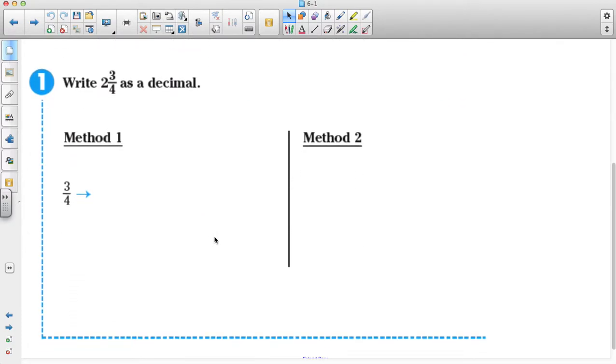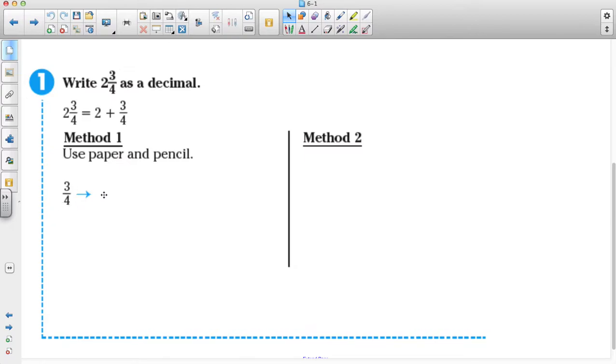Let's write 2 3/4 as a decimal in example number 1. We know that 2 3/4 is the same as 2 plus 3/4. Method 1, we use pencil and paper. This is the method that we will be using. So 3/4: remember, 4 is your divisor, 3 is your dividend.